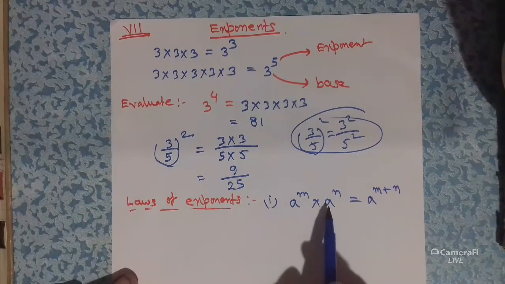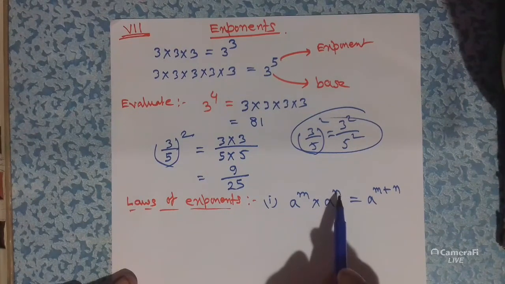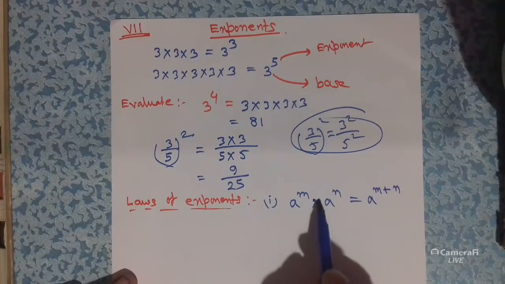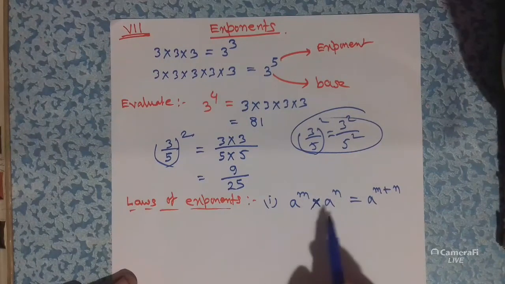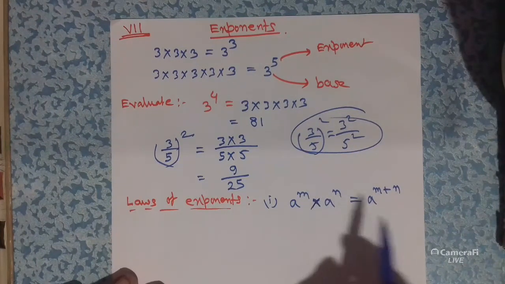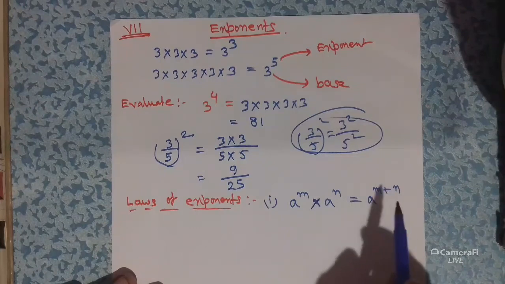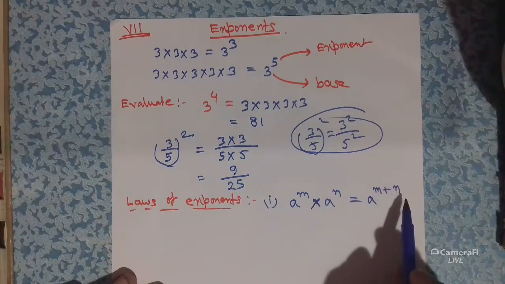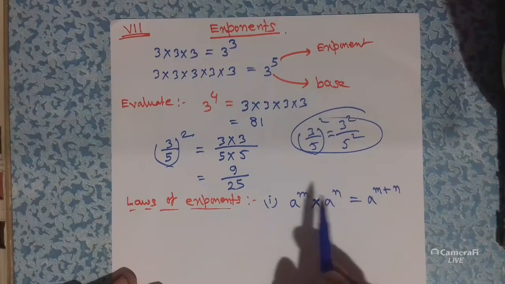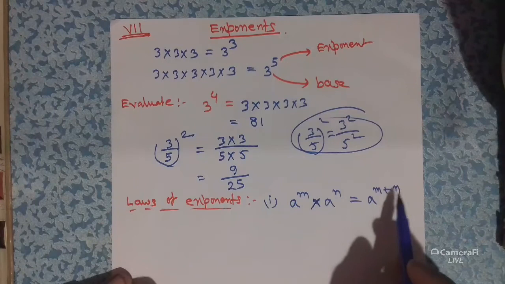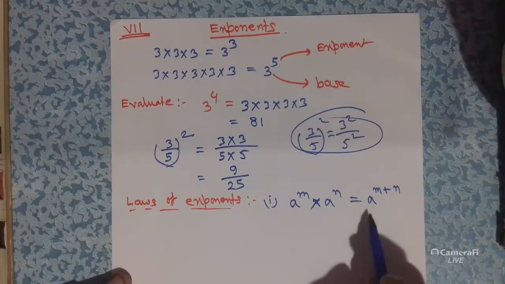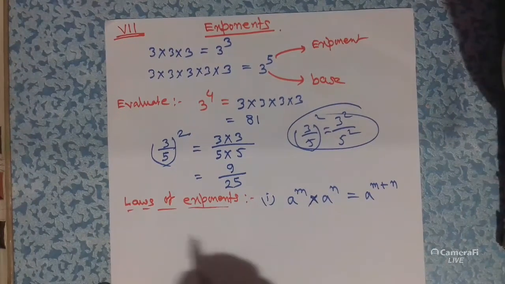When bases are the same, and the powers are different, and multiply is there, then we have to write a to the power m plus n. So when bases are the same and powers are different, that means exponents are different, then the exponents should be added. So that's why we can write a to the power m plus n.